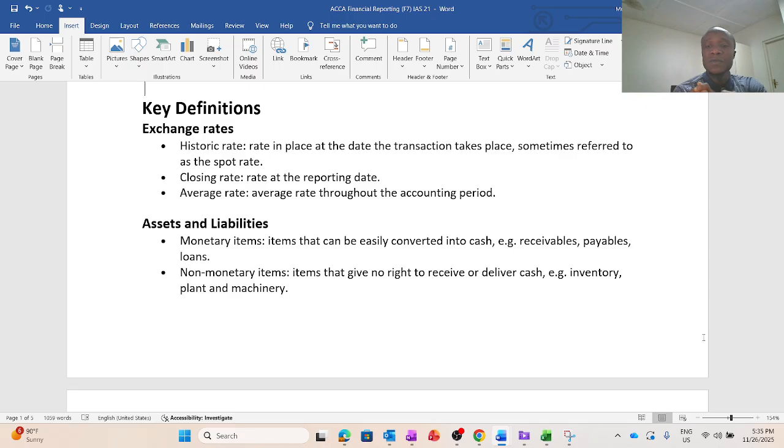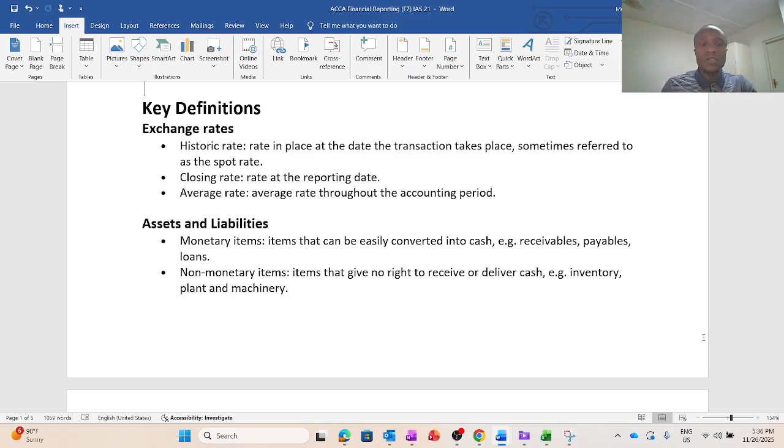If we don't receive the payment, then we can take legal action. Payables, we have the obligation to make payment to our suppliers. Loans, we have the obligation to make payment to our loan providers. So these categories can be classified as monetary items because they can be easily converted into cash.